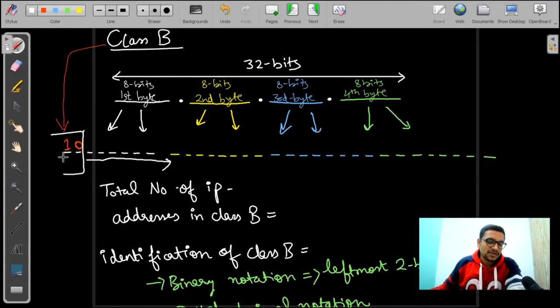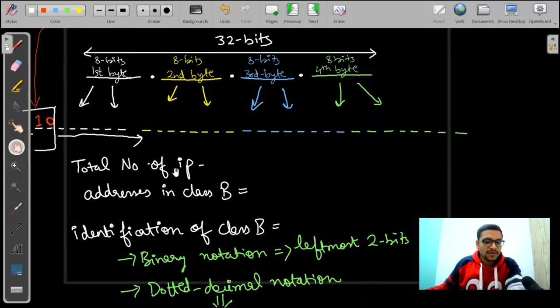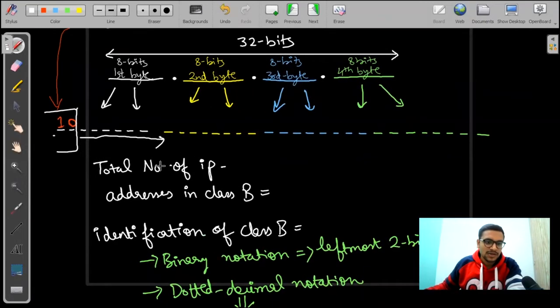So if I have restricted the first 2 bits like 1 and 0, then the total number of IP addresses that are possible in class B is equivalent to, so there are 32 bits, and out of those 32 bits I have restricted 2 bits, which are restricted to 1 and 0.